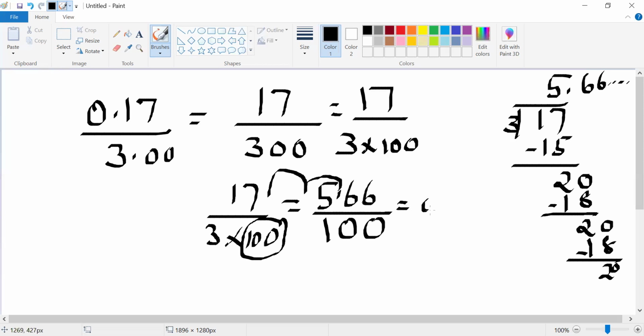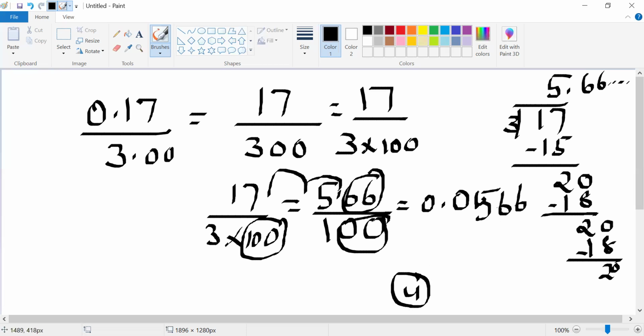So, it will become 0.0566, or you can think of it in another way. Here 2 decimal places are there. Here 2 zeros are there. So 2 plus 2, total 4 decimal places should be in the answer. 1, 2, 3, 4. 4 decimal places are there.